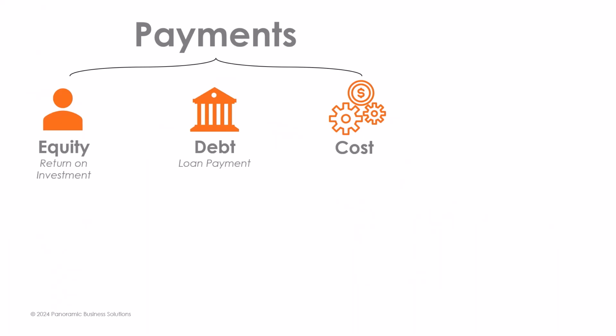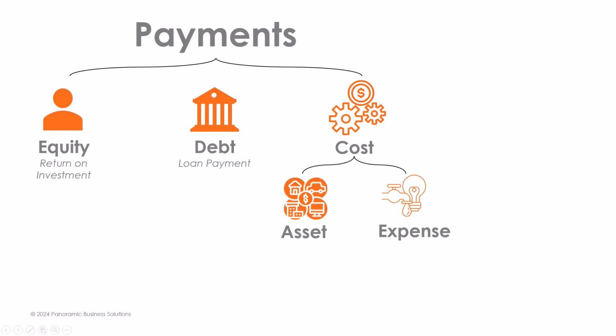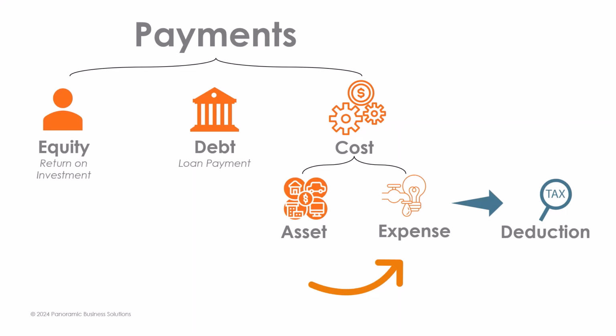Here's a little recap. When money leaves the business bank account, there are three ways to categorize the payment. It's either equity, debt, or a cost of doing business. The costs are then narrowed down to either an asset or an expense. Assets eventually are converted to expenses over time, and then most business expenses are tax deductible.